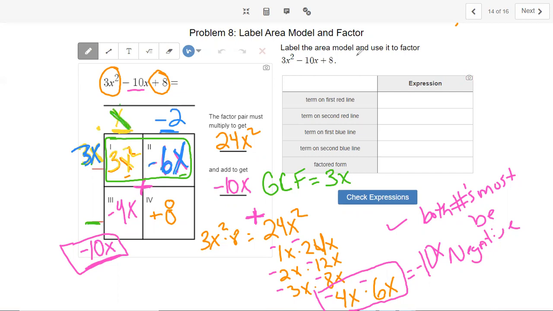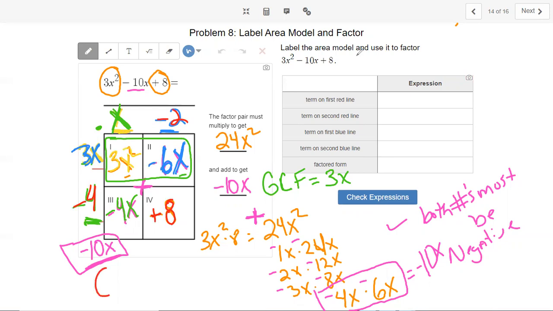Let's use this x as our tool. x times what will give us negative 4x? Well, x times negative 4 will give us negative 4x. And then I like to go ahead and check the last one just to make sure it's right. So negative 4 times negative 2 is going to give me a positive 8.